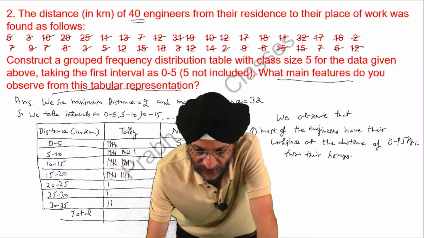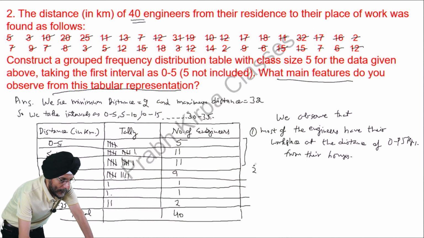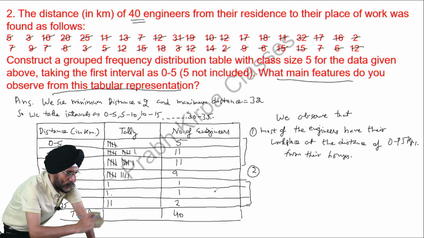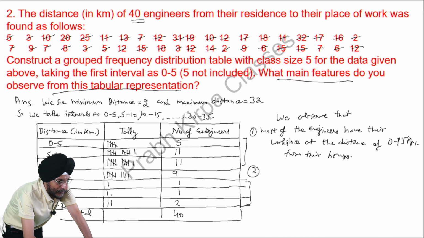We also find that these are the minimum figures 1, 1, 2. That is, there are very few engineers who have to travel a distance between 20 and 35.